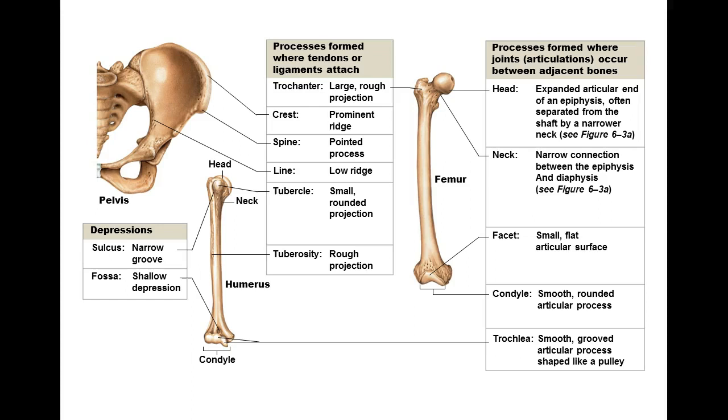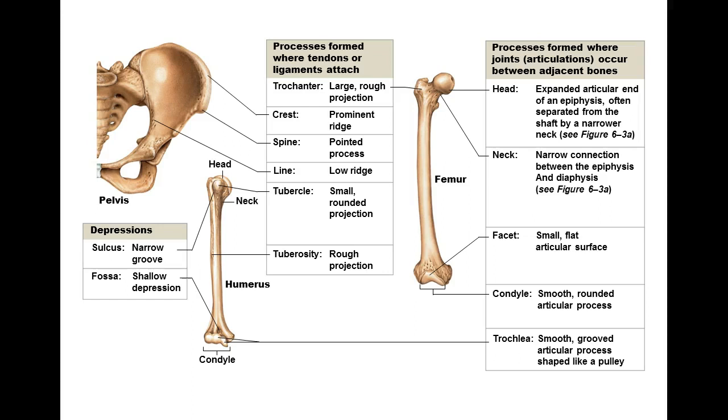Crest, just like we think of the word crest, is the prominent ridge, and you have the crest of the pelvis. A spine is not only a pointed process, but a process where you get to the pinnacle, the highest point where two things come together. It may not be the highest point on the bone, but it's the highest point where two things come together.